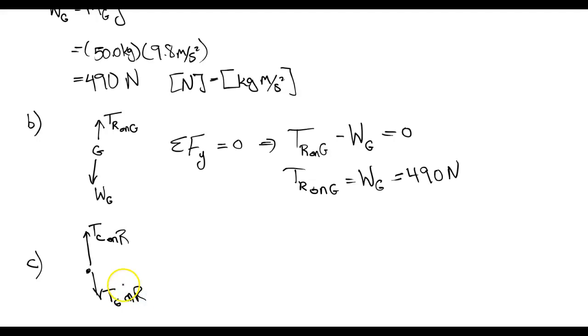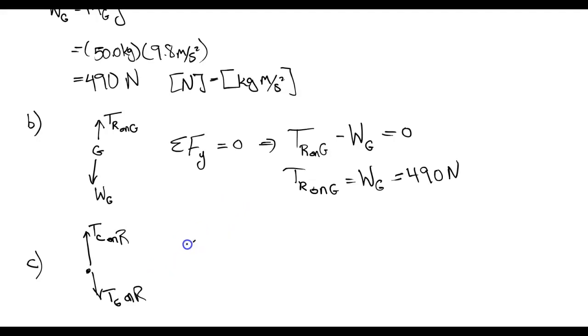So if we look at the ceiling, and we assume that the rope is weightless, we have the tension going down, and the tension going up is what's acting.